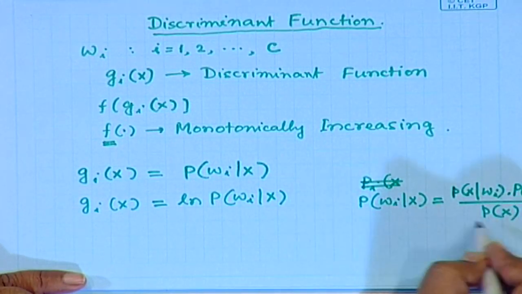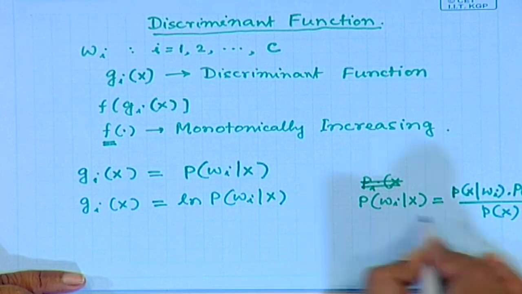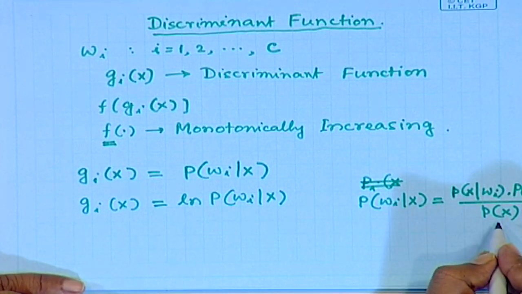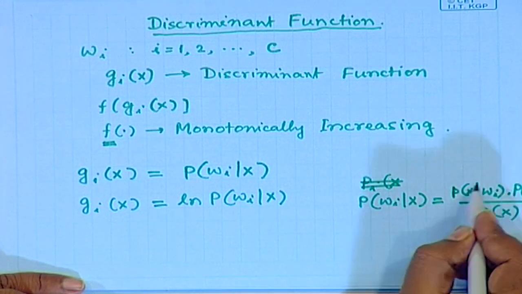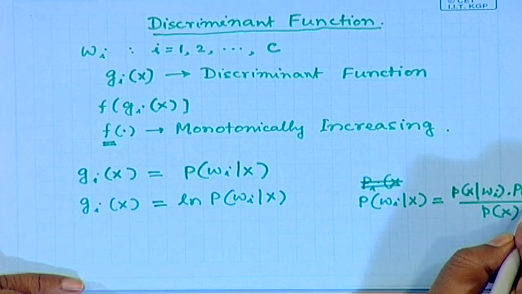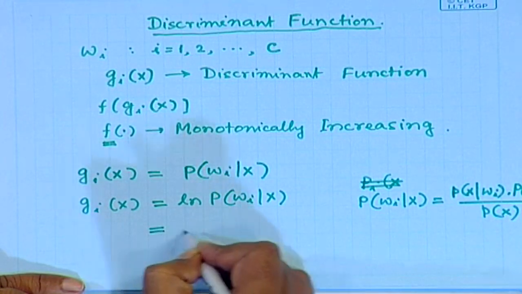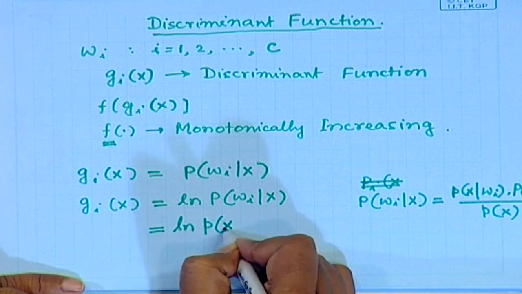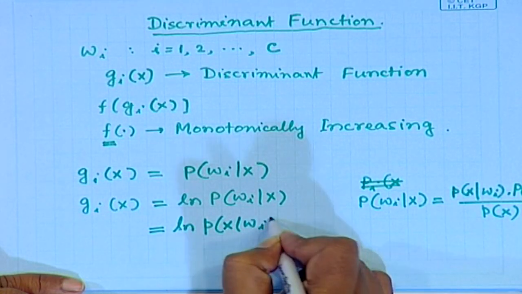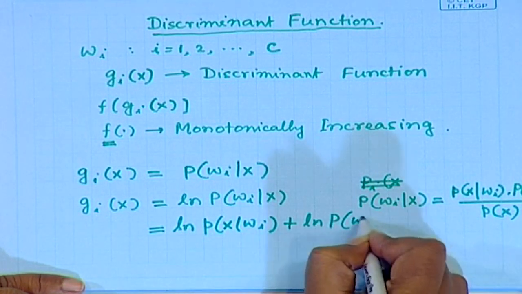Okay, where we said that p of x we can remove, because for every value of i, p of x will always appear in the denominator. So that does not really give you any discriminating power. So I simply put this p of x given omega i into p of omega i. Over there, this function will be expanded to ln of p of x given omega i plus ln p of omega i.